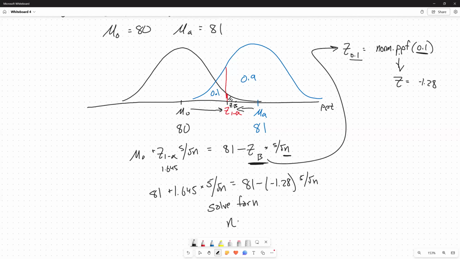And then n ends up being about 214. So that's how many samples we would need to discriminate this effect if in fact there's only 1 part per thousand off, a small effect, right? With a power of 90%. So 90% of the time we get a sample x bar, and we are going to correctly reject the null hypothesis. All right, that's all for now.